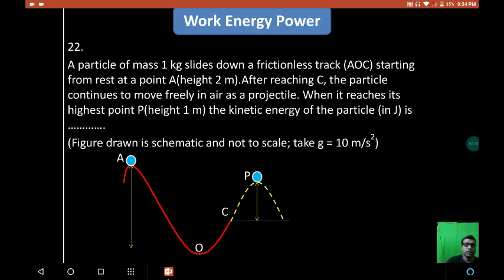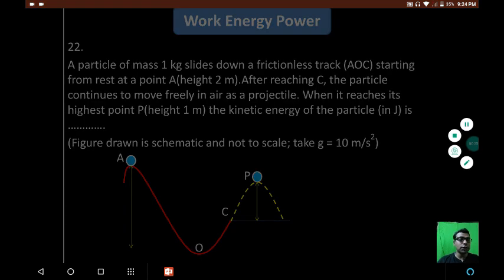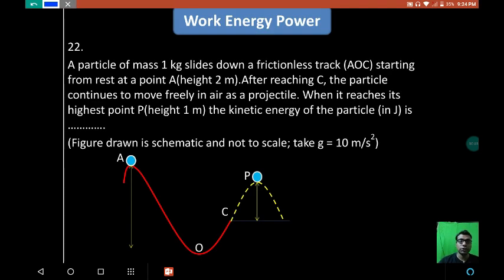So let us see, we simply use the energy conservation. Let us take the reference, this is 2 meters.